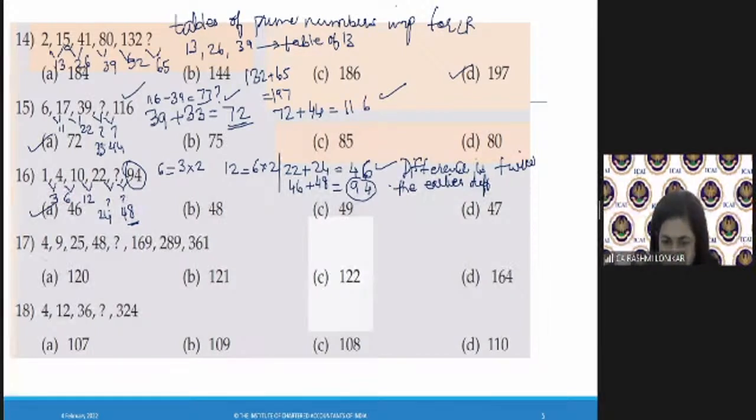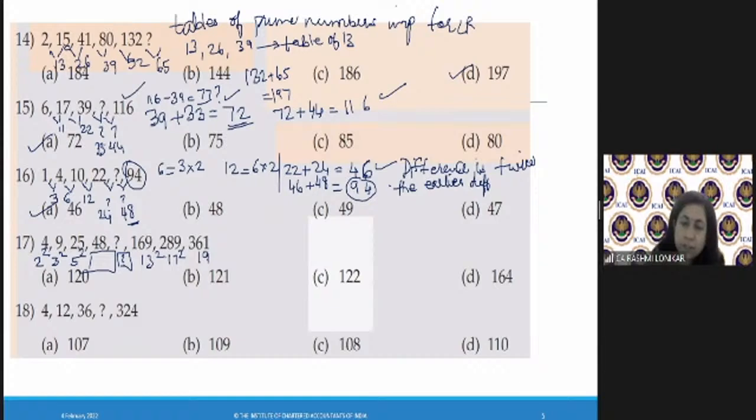Okay. This is 2 square. This is 3 square. This is 5 square. This is 48. This is just a number that I don't recognize. This is question mark. This is 13 square. This is 17 square. And 361 square root is 19.